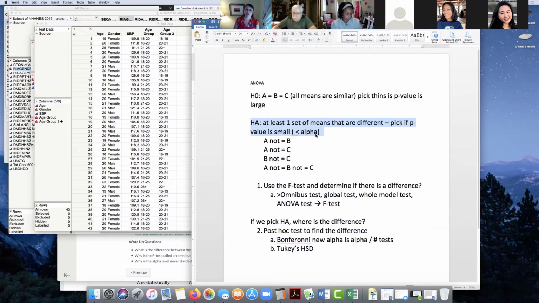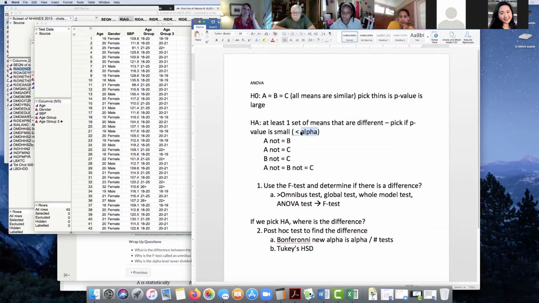Each alpha that we have, this 0.05, remember that's the likelihood that we make a mistake, right? That's the likelihood that we choose the alternative when the null is really true. That's good for one test. Well, down here, we're doing 3 tests. So the chance that we would make a mistake at an alpha 0.05 actually now becomes an alpha of 0.14.